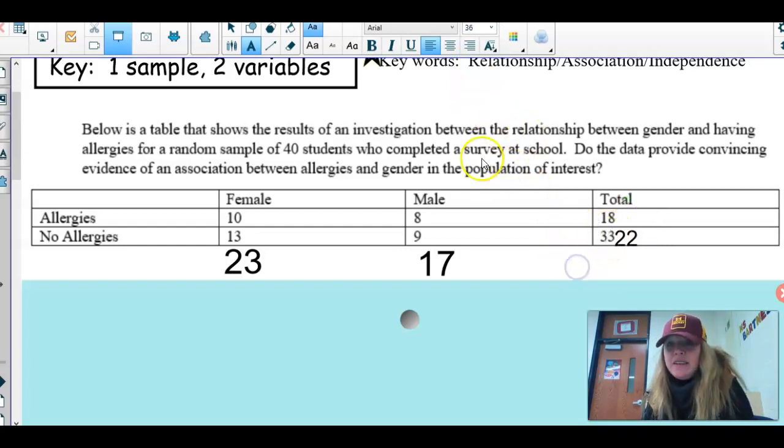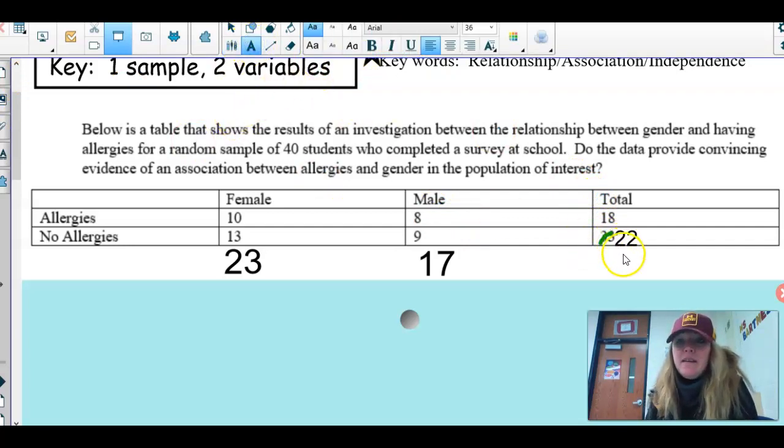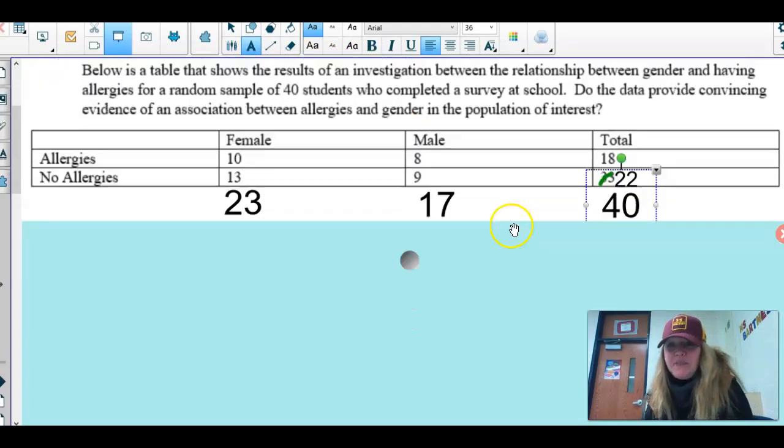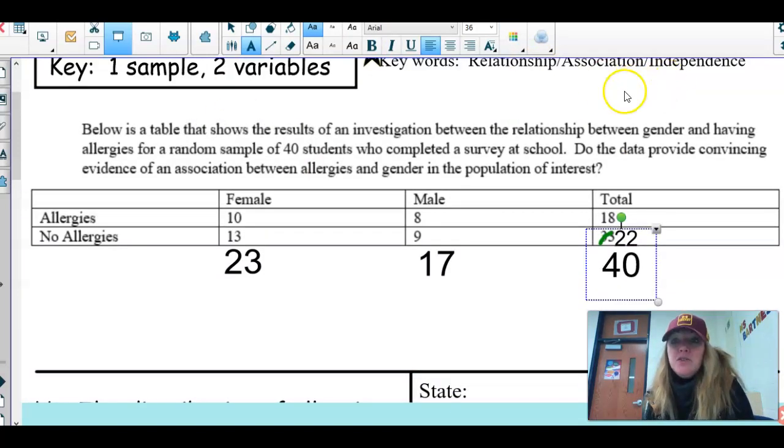So cross that off there. Who came up with this example? It was me. Together, then, that gives us 40. Perfect. The question then is, do the data provide convincing evidence of an association?